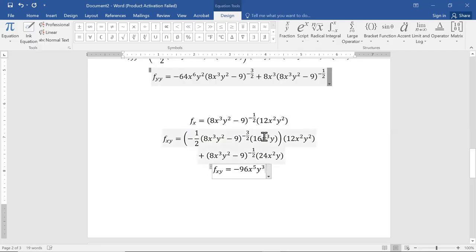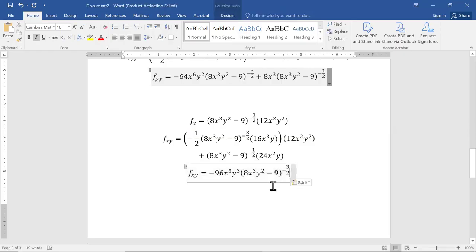That's what I get when I take x to the third times x squared and then y times y squared times this part. Can't forget that part.